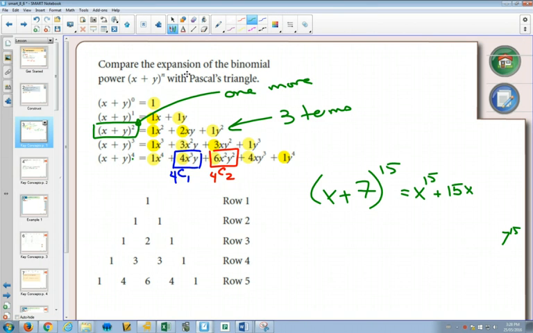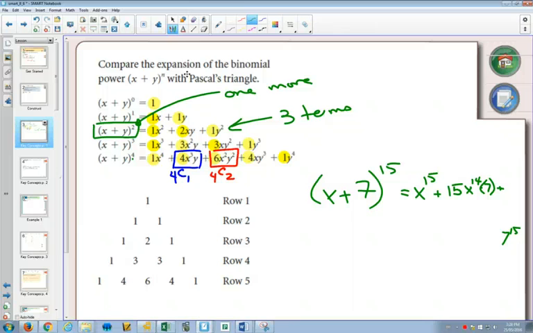Then you would have x to the 14 and 1 7. Later on, we'd have to simplify that by multiplying the 7 times the 15. The next term will be 15 choose 2, which is already a pretty big number, 105. 105, then there would be an x to the 13 and then a 7 squared.